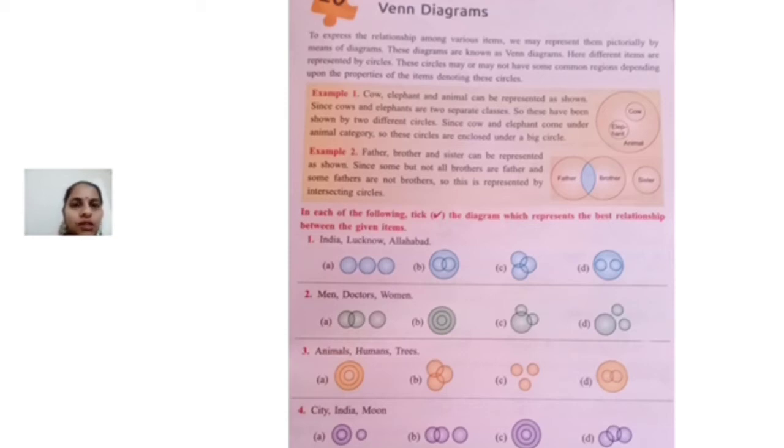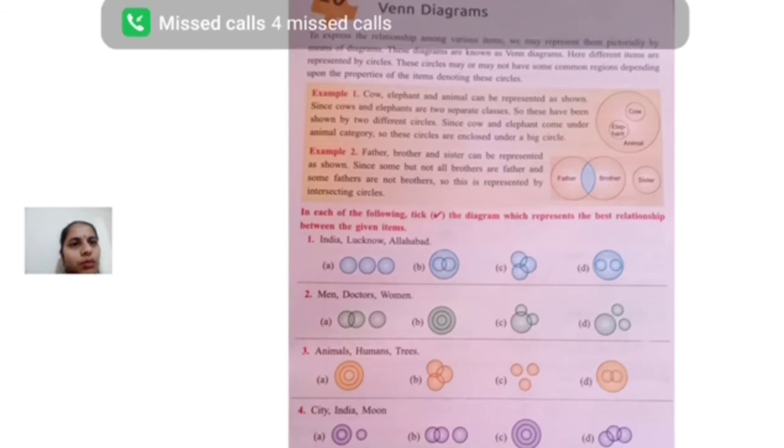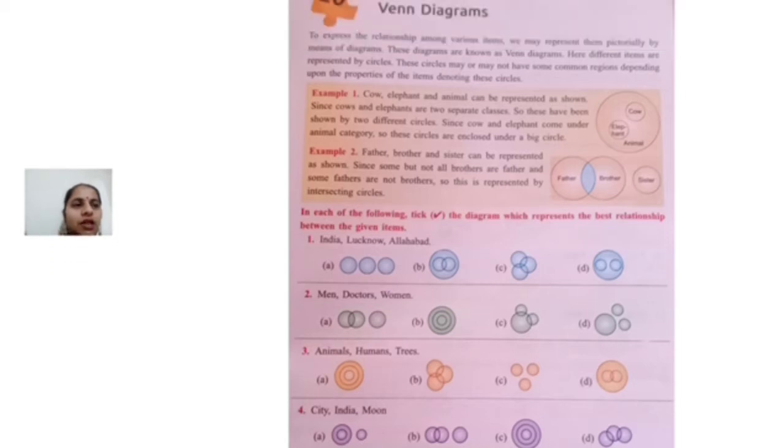But cow is a pet animal and elephant is a wild animal. So somehow, somewhere they have different characteristics. That is why it is shown in two different circles. So cow is different and elephant is different, but both are animals. So that is why they are shown in one circle.